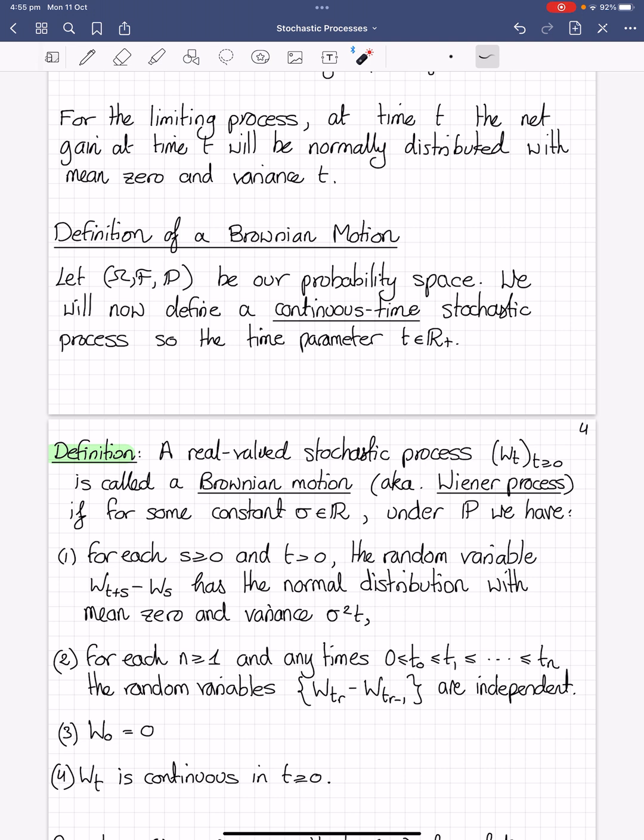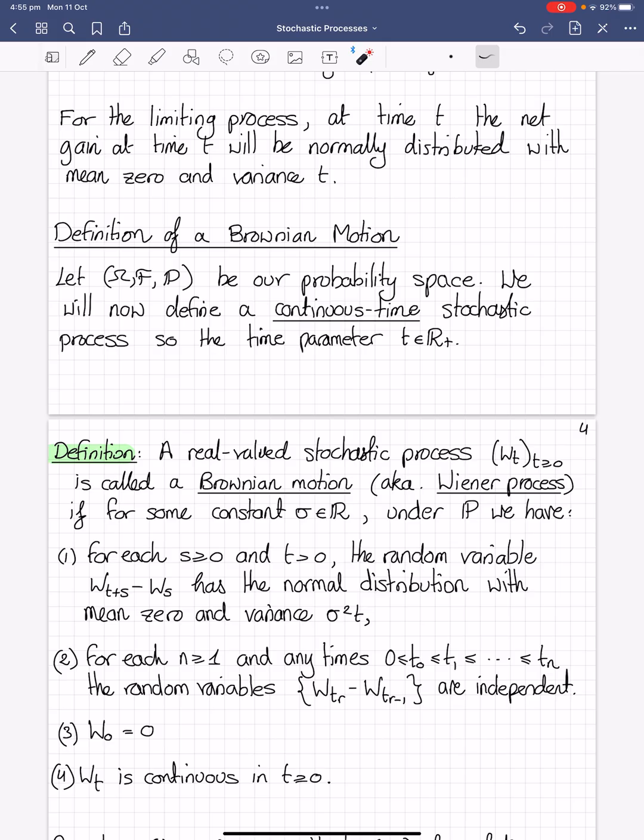We call this process W_t a Brownian motion if, for some real constant sigma, under the probability P, it has 4 properties.